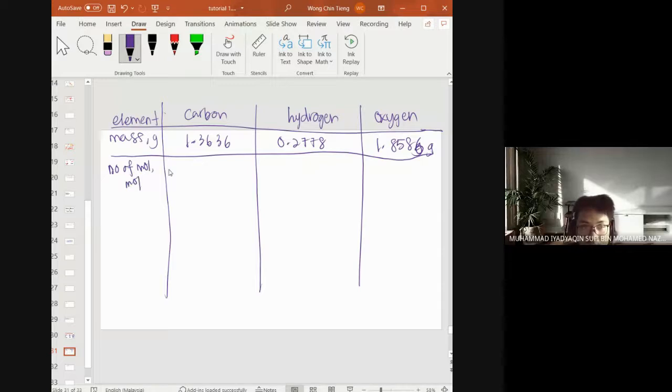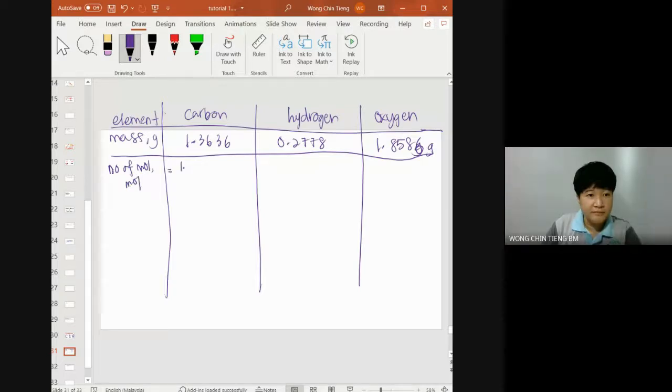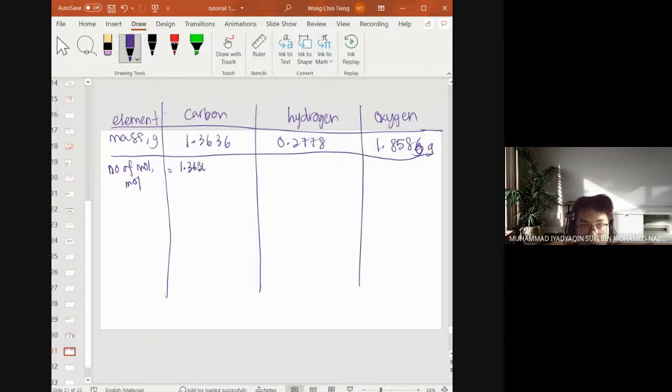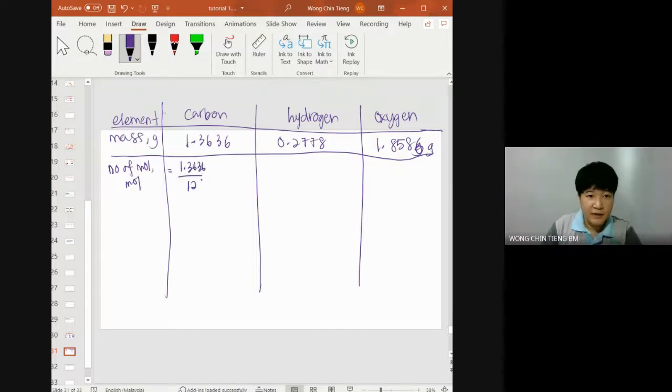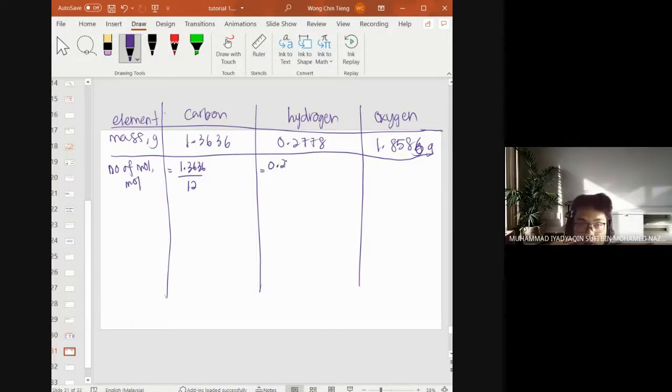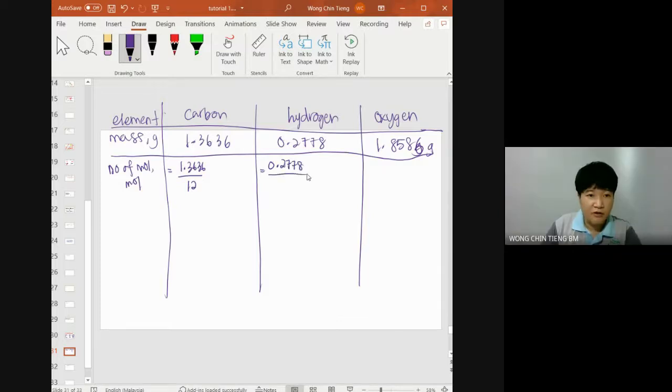How to find the number of mole? Divide by atomic mass. Atomic mass of carbon? 12. Atomic mass of hydrogen? 1. Atomic mass of oxygen? 16.0 by the way. Alright, dah kira semua. Hydrogen saya boleh kira 0.2778 mole. Tak perlu letak mole sebab teacher dah letak kat sini.